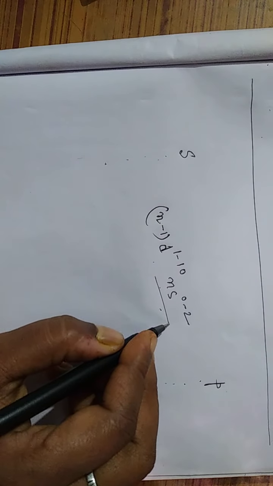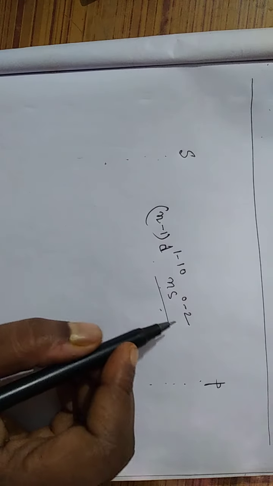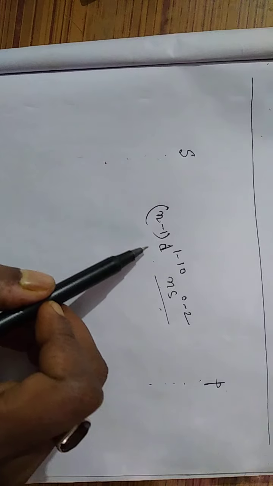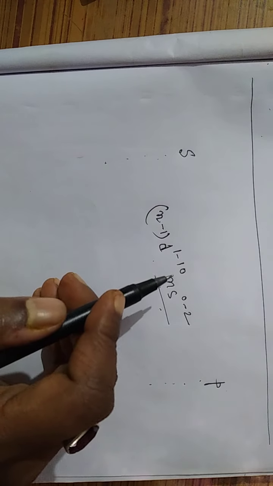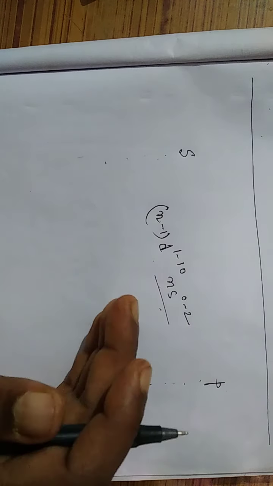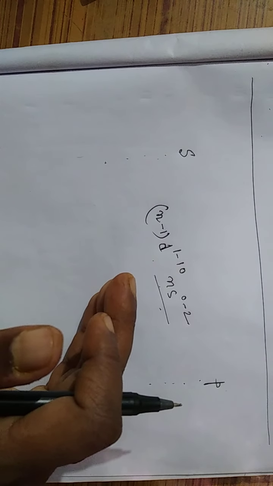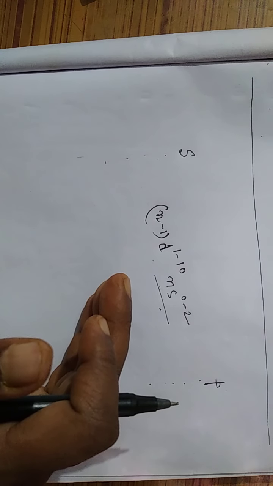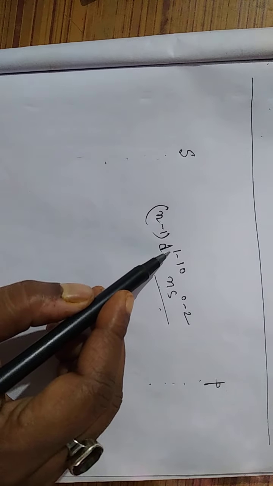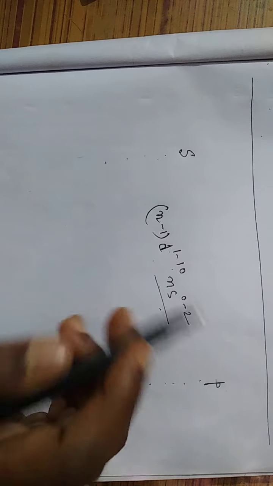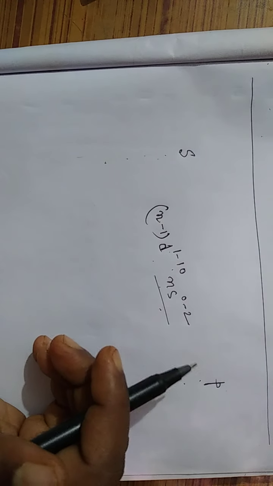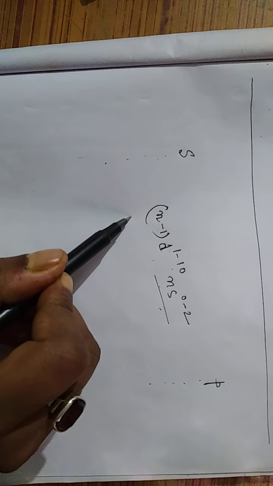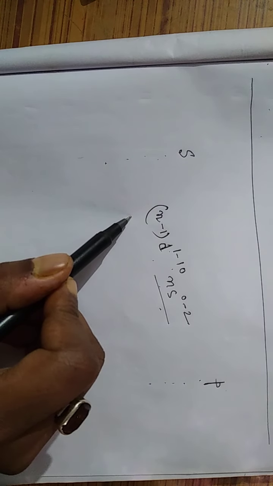It means the outermost shell may contain 0, 1 or 2 electrons, and the penultimate shell, that means the shell just before the last shell, contains 1 to 10 electrons, maximum 10 electrons. So this is the general configuration of D block elements or transition elements.